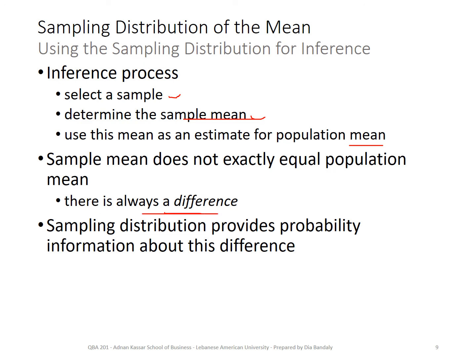We know that and we accept that. However, we're going to use our knowledge of the properties of the sampling distribution in order to make some probability statements about how far that sample mean is from the population mean. And this will be our method of inference. Okay, we're going to do an example that illustrates that process.